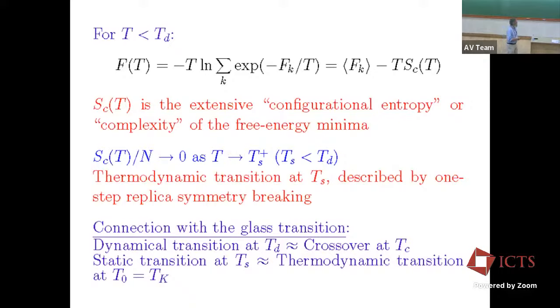And that transition is described by one-step replica symmetry breaking. So this RSB method that we talked about, in the case of the Sherrington-Kirkpatrick model, one has to go to infinitely many levels of replica symmetry breaking. But in this, at least at temperatures near this TS, one-step replica symmetry breaking seems to be stable. And that seems to describe the behavior of these models correctly.